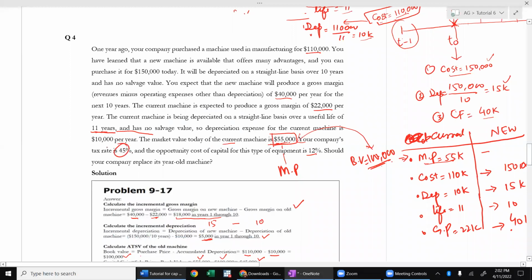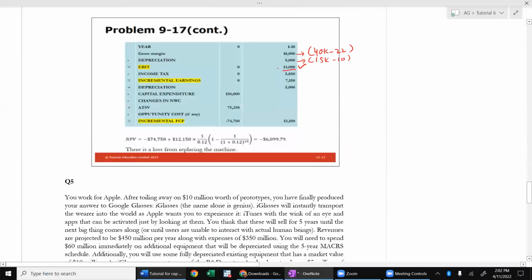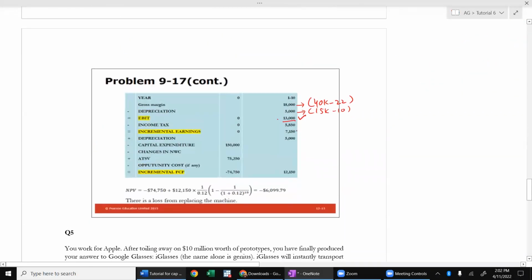Okay, so 45% is the tax rate. If you apply the tax rate, that will be equal to 5,850. So if you subtract the tax from EBIT, you will get the incremental earning. Okay, then you add back the depreciation. Okay, so there is no change in working capital in year 1. There are no other requirements, so this will be your incremental cash flow.